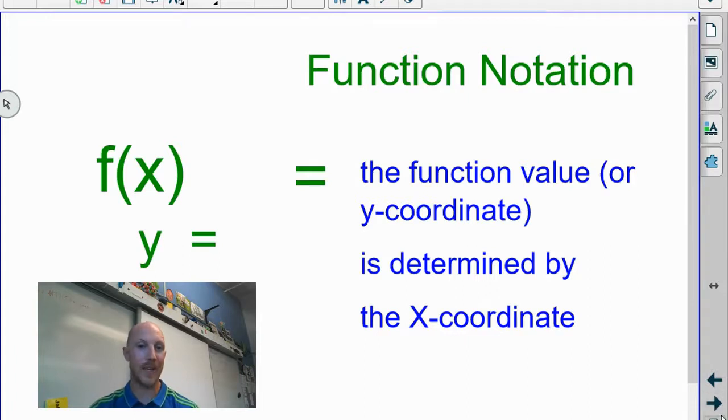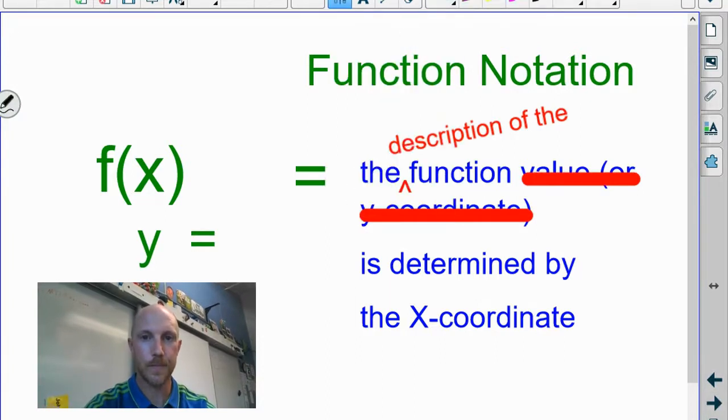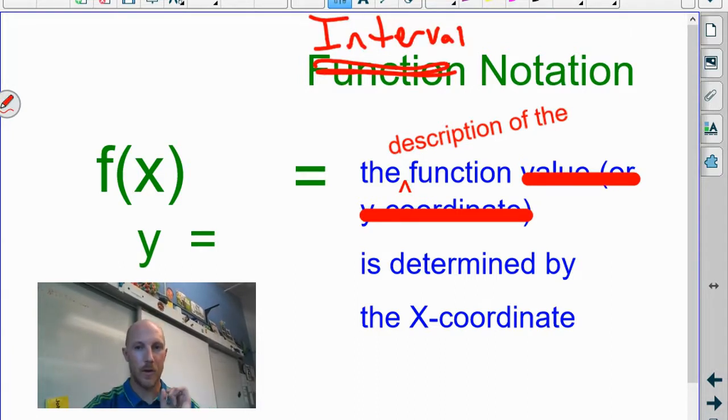So we're going to take that part of the definition of what function notation is. We're going to start that as a working definition. We're going to modify it for use with interval notation. So if we're looking at interval notation, the description of the function is determined by the x-coordinate.